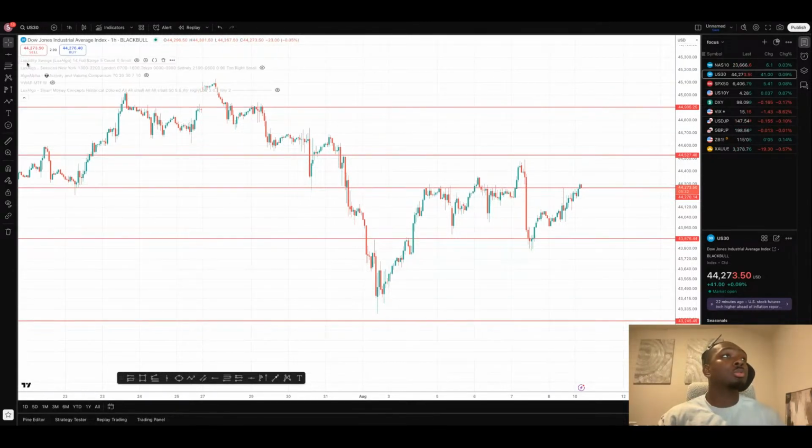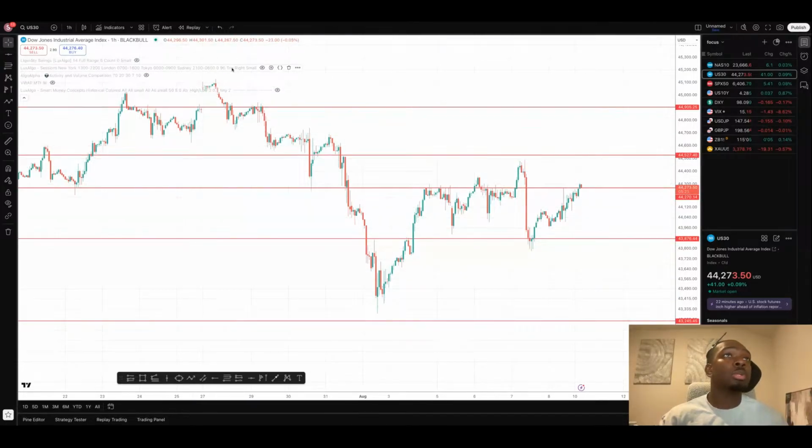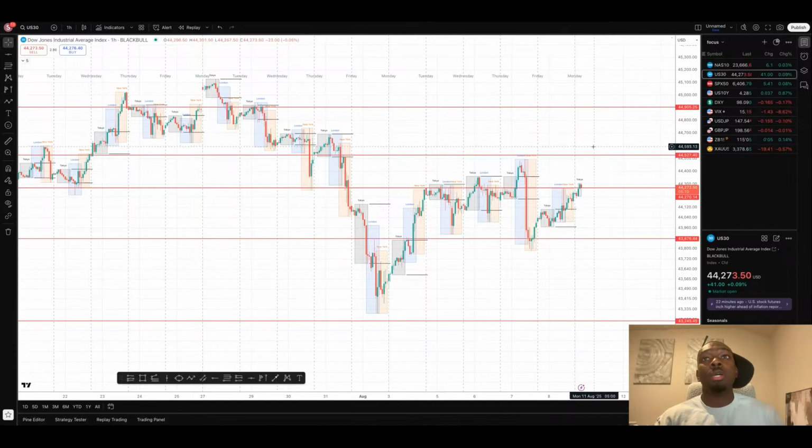Next thing we're gonna do is open up this one. Since the market is already open, it's already bullish, which I kind of expected. I think it's actually going to go up to these high levels.